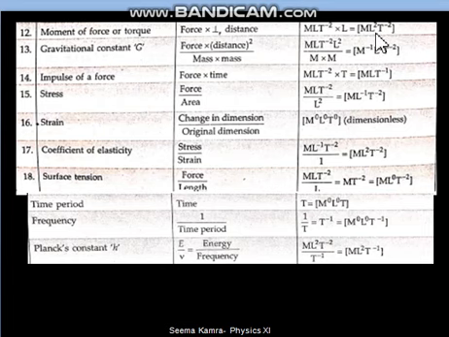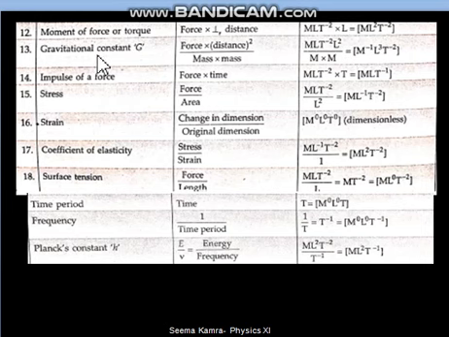You can see how this L2 is obtained because one L is here, one L is here. So L square is appearing. So M1 L2 T minus 2 was already the formula obtained for work and energy. So these three quantities have the same dimensional formula.